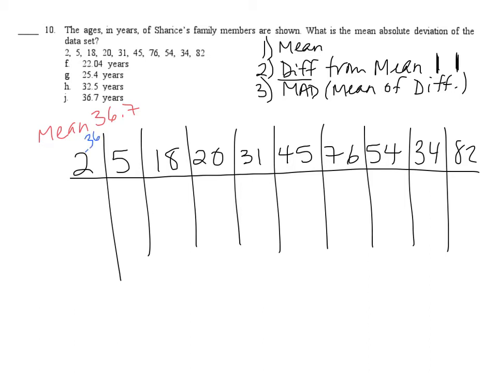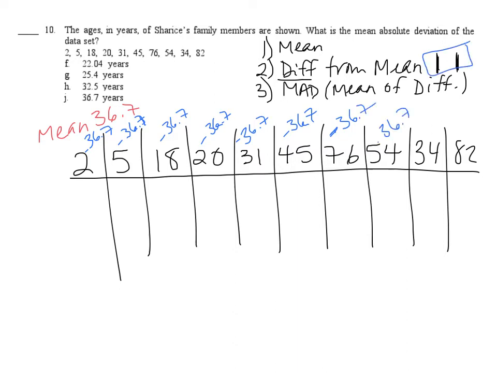So now I'm going to actually subtract 36.7 from each one. I remember that no matter what answer I get, because I'm doing the absolute value, it's going to be the positive version of that number.